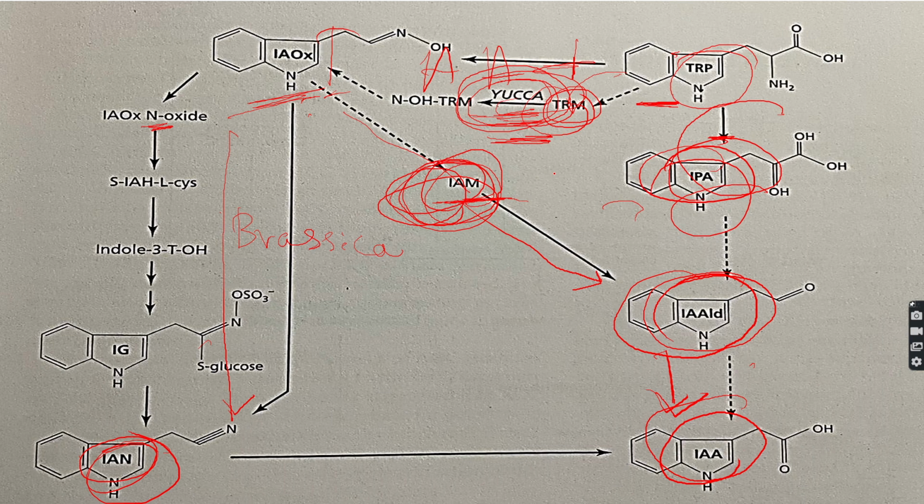The tryptophan dependent pathway has two types, that is indole pyruvic acid and tryptamine. Tryptamine again has two paths, that is indole acetonitrile and indole acetamide, and all three undergo processes producing indole acetic acid, that is IAA.